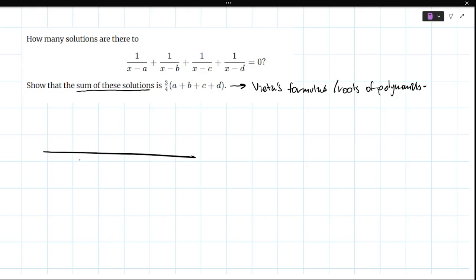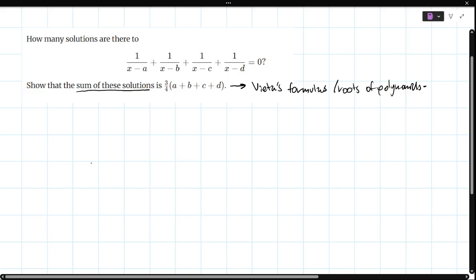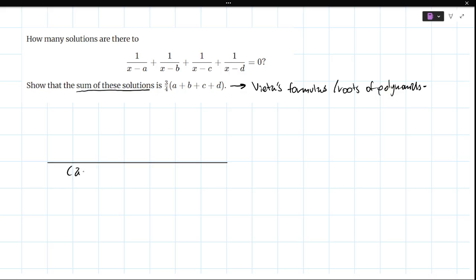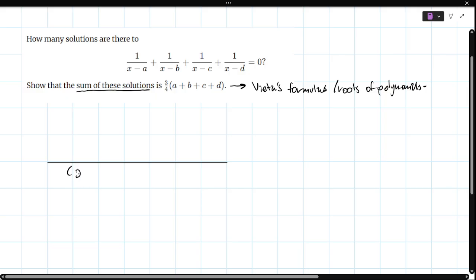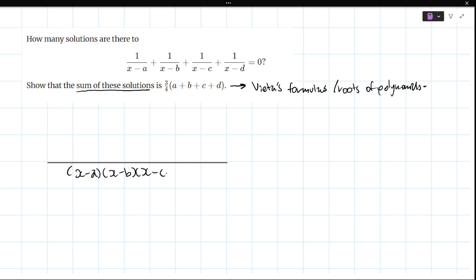So I know my denominator, if I am to combine everything, is going to be x minus a times x minus b times x minus c times x minus d. And for instance here, we are multiplying by x minus b, x minus c, and x minus d. So here we're going to have x minus b, x minus c, and x minus d.